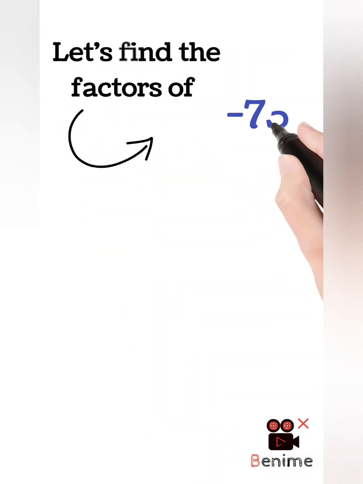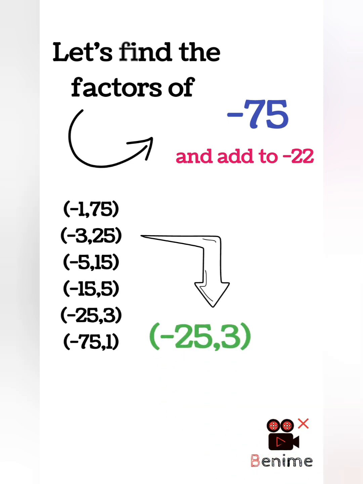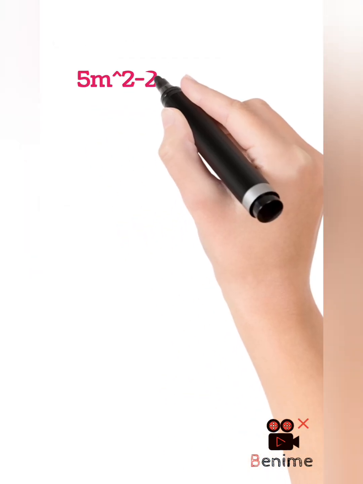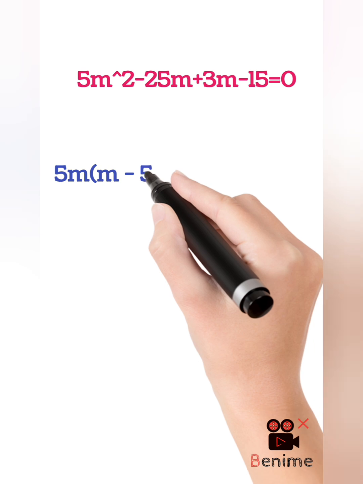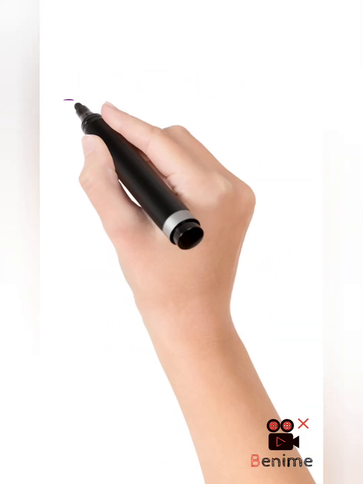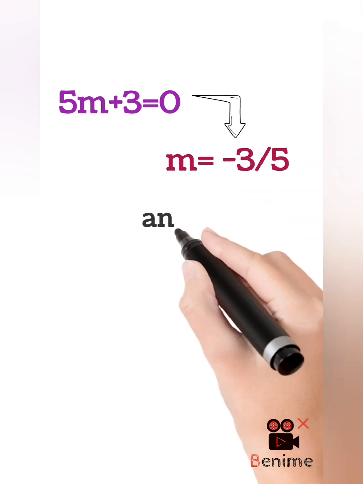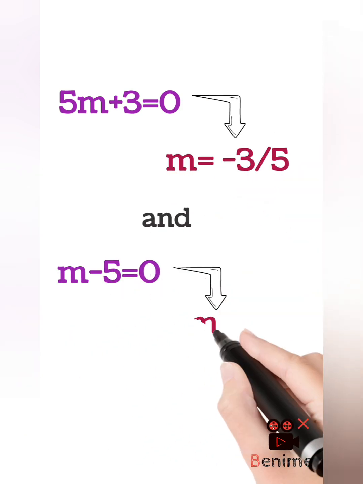Find factors that multiply to minus 75 and add to minus 22. It's minus 25 and 3. We have the given equation; factor by grouping gives us the factors, and the solutions are m equals minus 3 upon 5 and m equals 5.